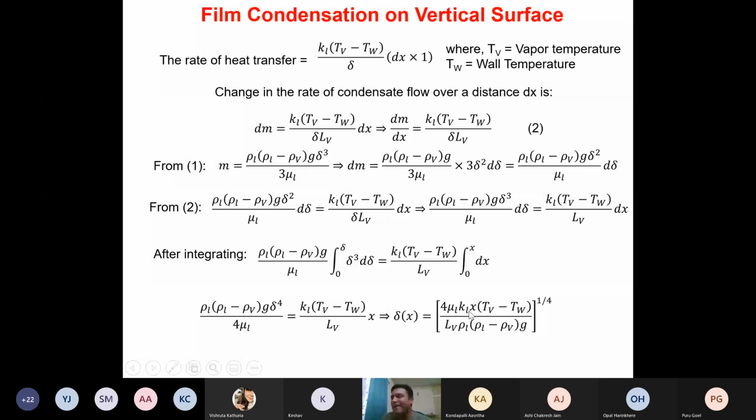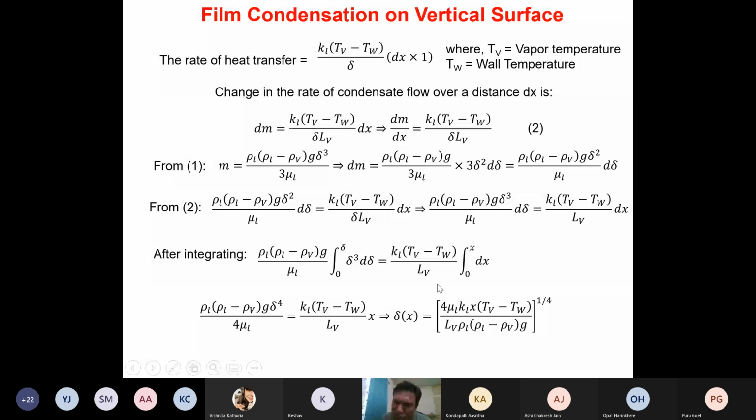So this is nothing but the thickness of the film at any location x, from the leading edge. So what it means is, if I move from this leading edge, what will be the thickness at any x? That is obtained by using this particular equation. Okay, so this is a local thickness. That is why delta is given as a function of x here, isn't it?